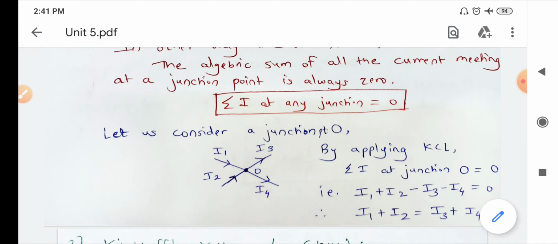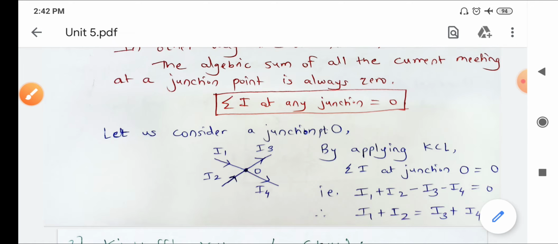Okay, so consider the currents now. Here we'll consider the sign for each current. Current entering the node we'll consider as positive, whereas current coming out of the node or junction we'll consider as negative.